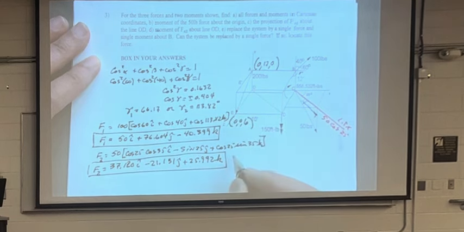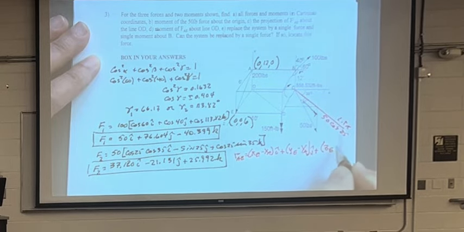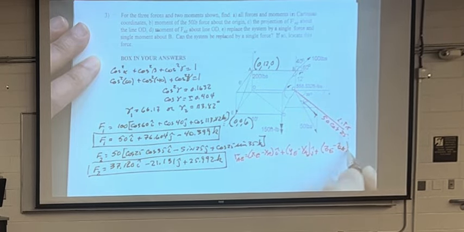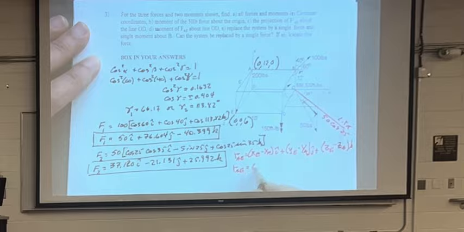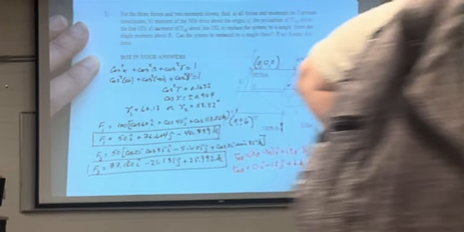So RAE is equal to (XE minus XA)i plus (YE minus YA)j plus (ZE minus ZA)k. RAE vector is 0i minus 12j plus 6k.